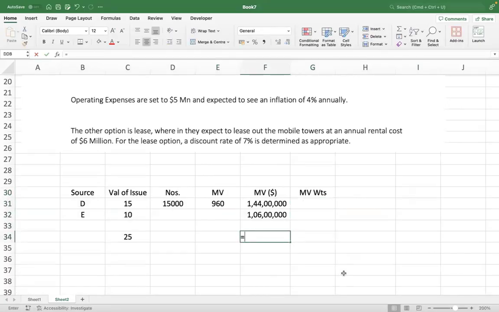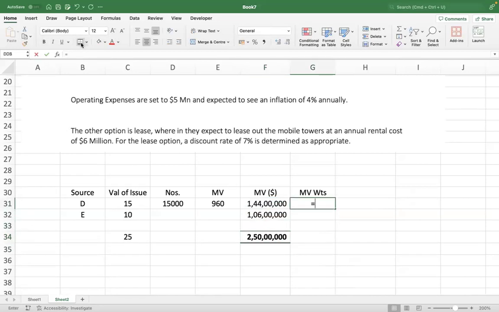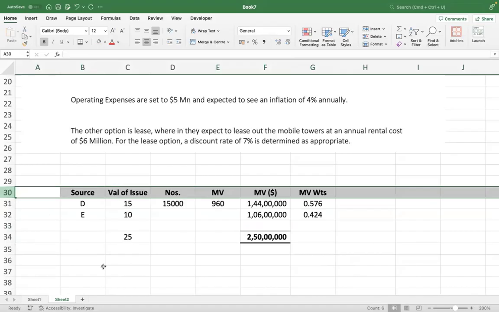So what will be the market value weights? Market value weights would be 14.4 million by 25 million and 10.6 million by 25 million. So that's your market value weights.